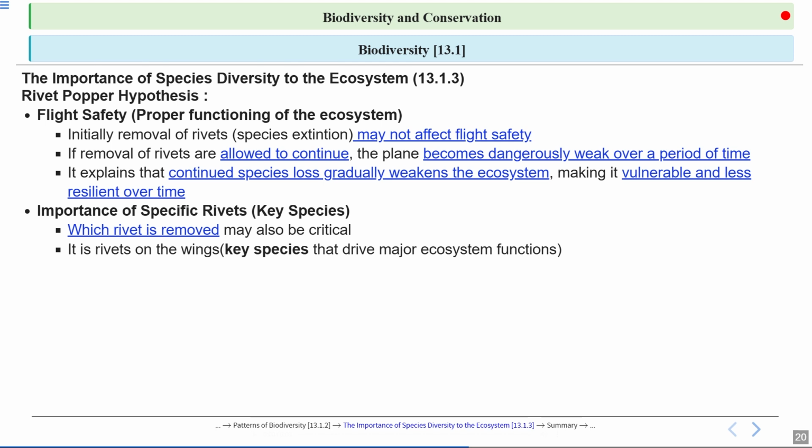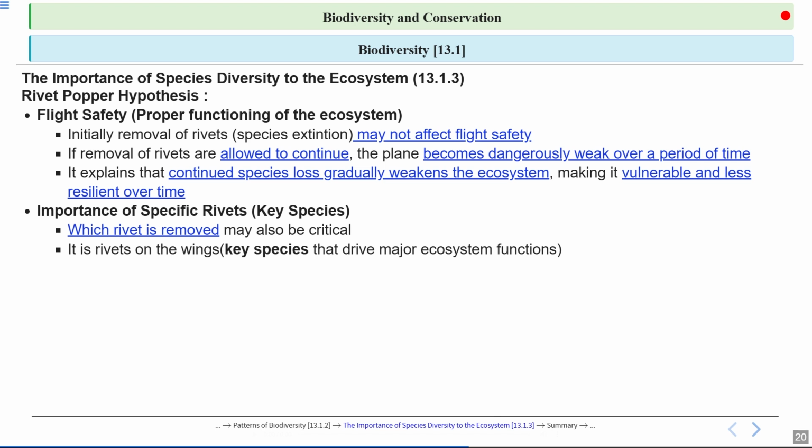Okay, so rivets on the wing: if you remove rivets from the wing or from the engine, then the plane will collapse. Similarly, if you remove the key species from that ecosystem, then the ecosystem will collapse early.